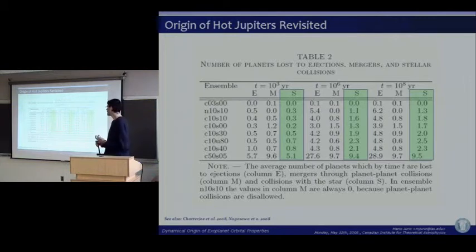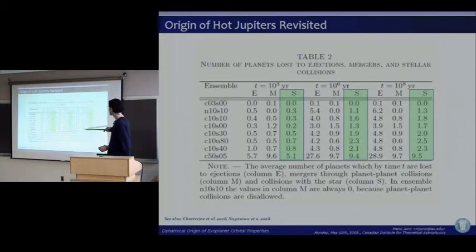That means that most of them go through phases where their orbits are highly eccentric and come close to the star, closer than the tidal radius, and essentially they're subject to tides, and their orbits may be circularized if the timescale to circularization is shorter than the timescale at which their eccentricity is being pumped.